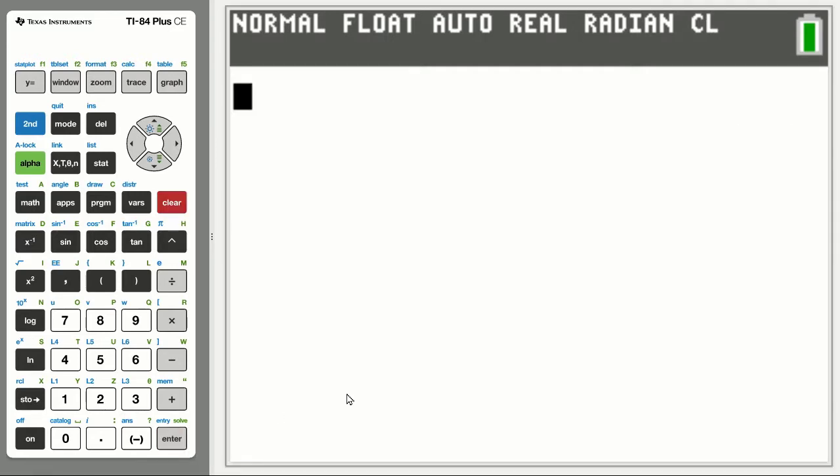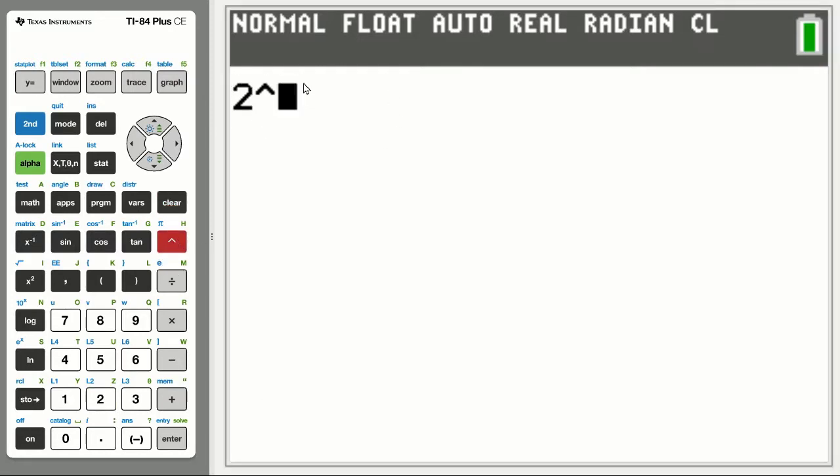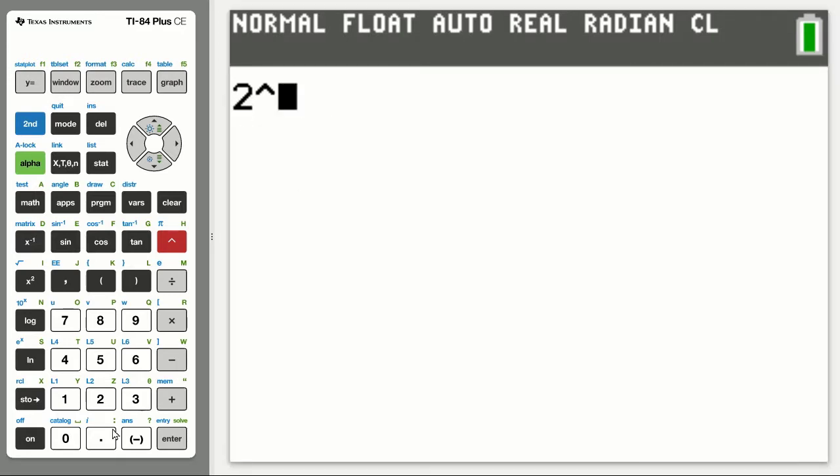And for people who are using the older calculator, if you would like to enter a negative exponent like you have just now seen, here's how we can do it. 2 raised to the power. For the older operating system with the TI calculators, we won't be put into superscript mode, so here's how we can handle it. 2 raised to a, now make sure you type in parentheses, and now the negative sign is here.